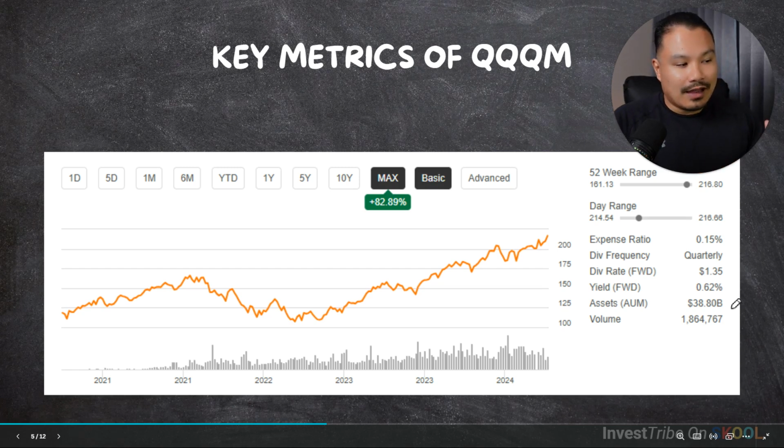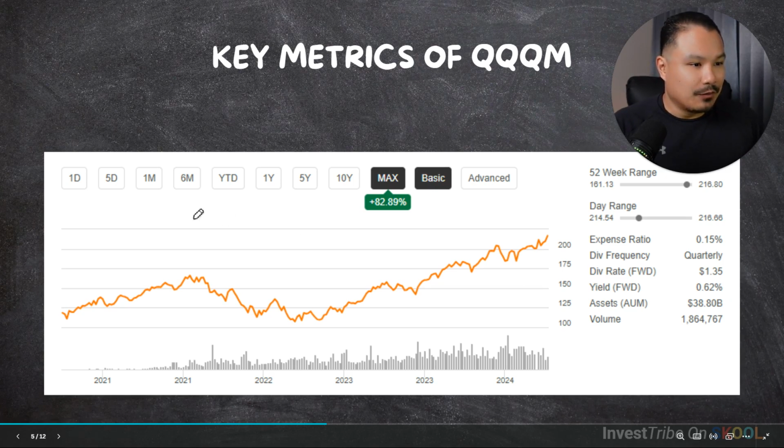Having $38 billion just shows that the ETF is very stable. Anything under probably 100 million, I'm kind of iffy about. I don't really invest in ETFs that are that low. Not a recommendation, of course, do whatever fits your strategy, but I personally don't have any ETFs under 100 million in assets under management.